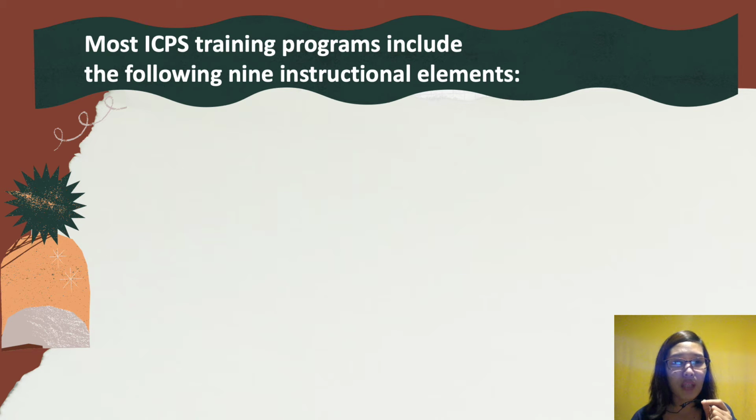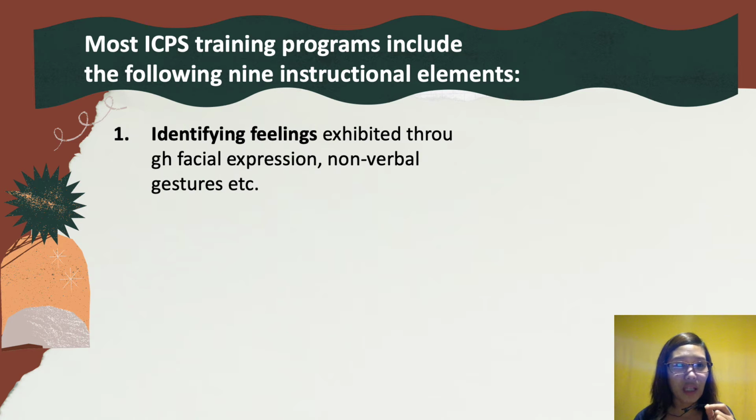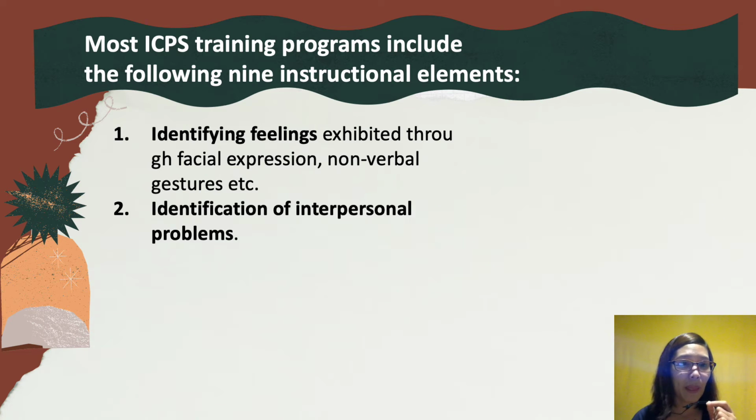So most ICPS training programs include the following nine instructional elements. These are the instructions that the teacher has to teach to the children. First, identify feelings exhibited through facial expressions, nonverbal gestures, and others.